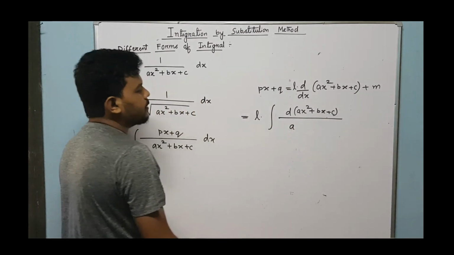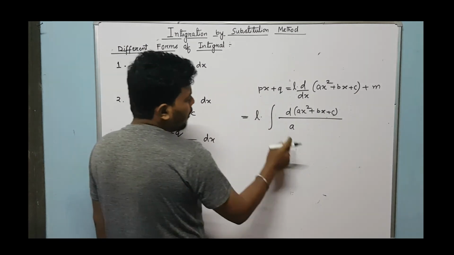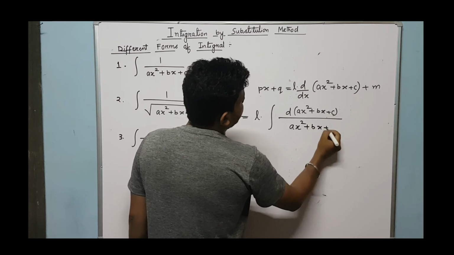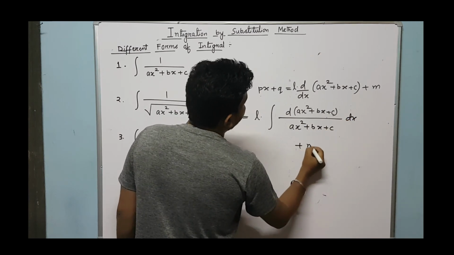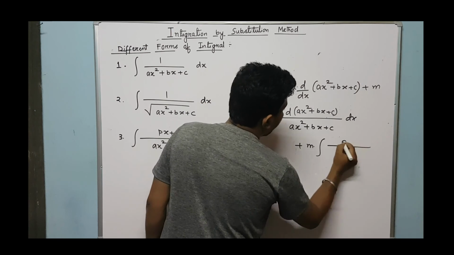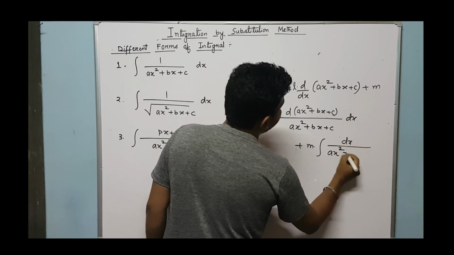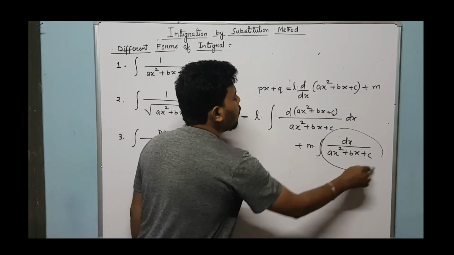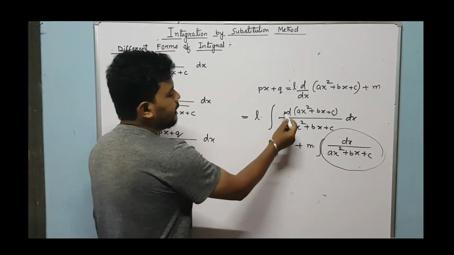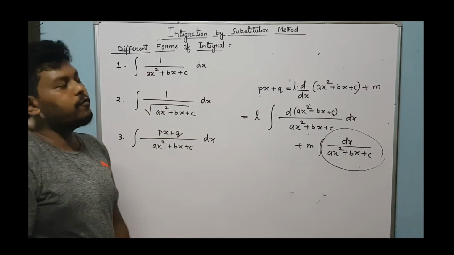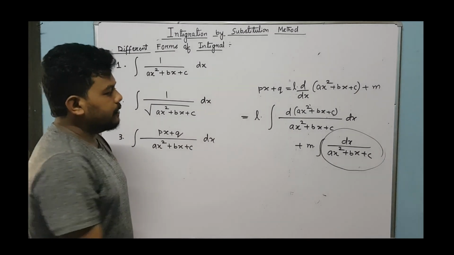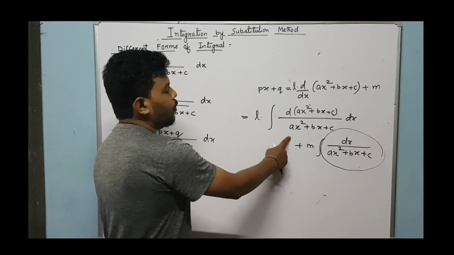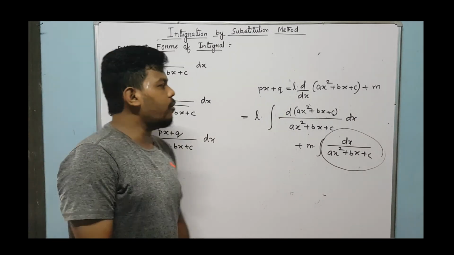This is dx, derivative of ax square plus bx plus c divided by ax square plus bx plus c, and m into dx by ax square plus bx plus c. You can see this is nothing but your form 1, and this is dt by t. This is log of mod t. This is t, its derivative is dt. So this is dt by t, answer will be log of mod t.